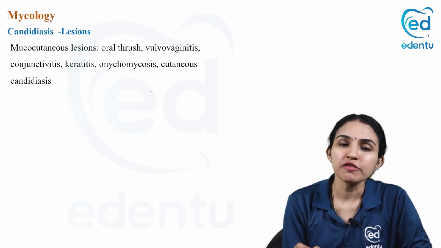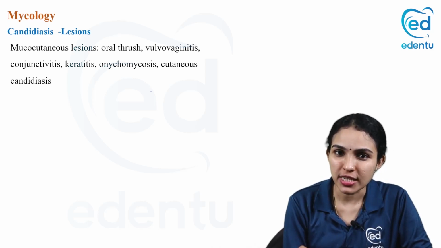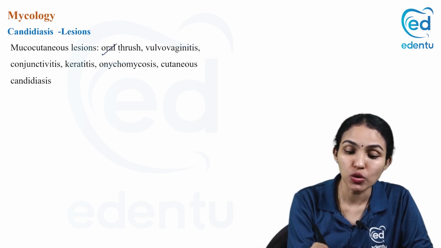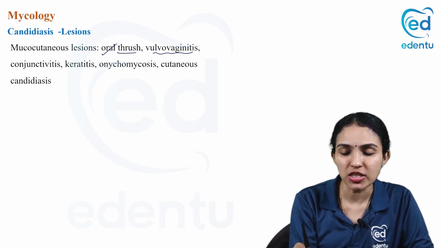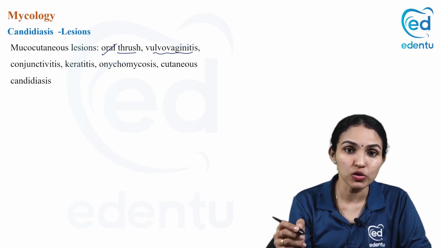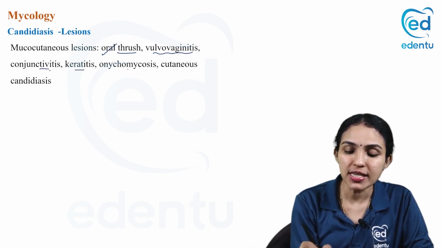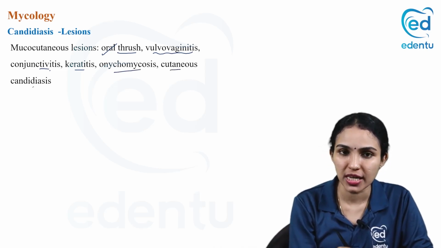So we'll see what the different clinical features of candidiasis are, starting from the mucocutaneous lesions. It can cause lesions in the oral mucosa that is called oral thrush. It's a whitish membranous lesion. It can lead to whitish discharge from the vagina causing vulvovaginitis. It can lead to conjunctivitis and keratitis in the eyes, onychomycosis, that is infection of the nails, and cutaneous candidiasis.